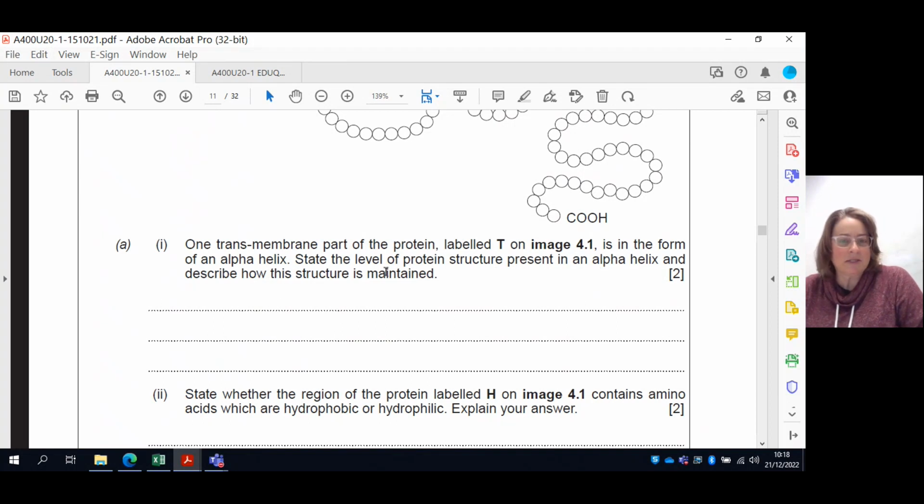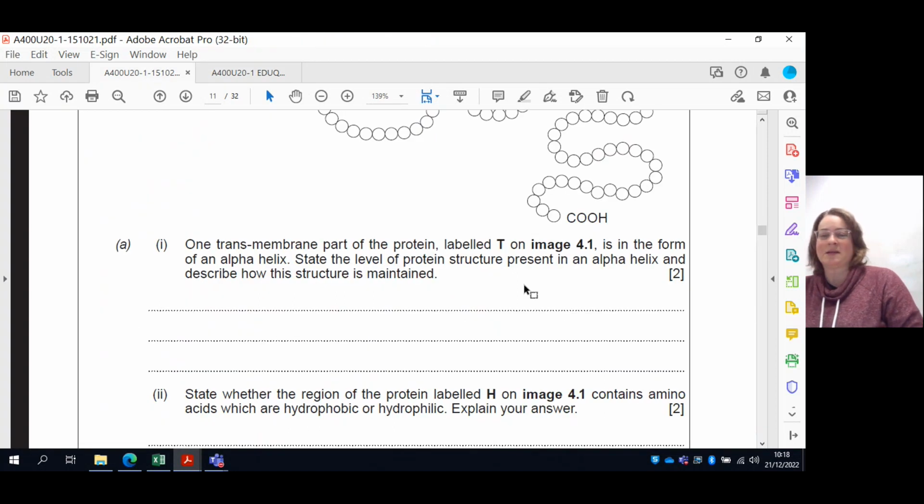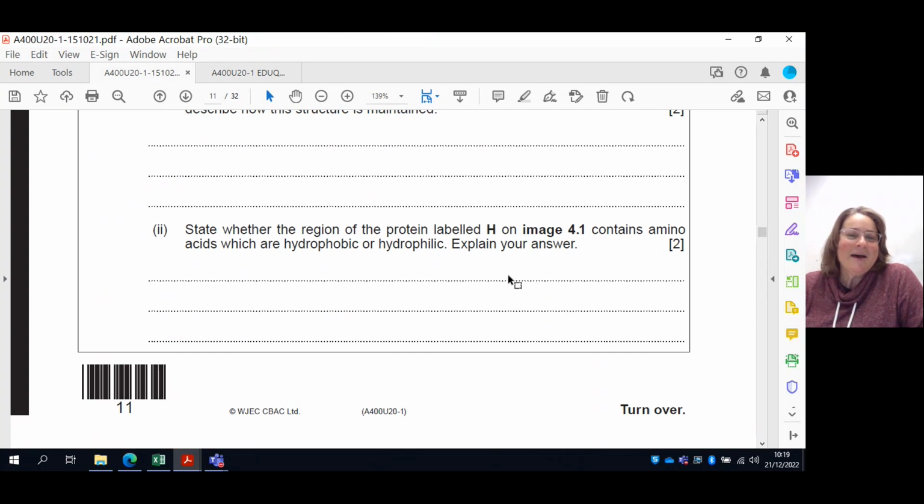And your maintenance of that structure, it doesn't specifically say state the bond types, but it means that. It's describing that, so you've got your hydrogen bonds as part of the bond types here. Yeah, secondary structure, hydrogen bonds. Peptide bonds were part of the primary structure where you've got the amino acids being linked together. That is core concepts, and you will get core concepts coming up over and over again.